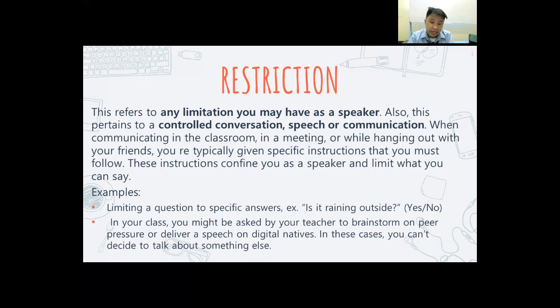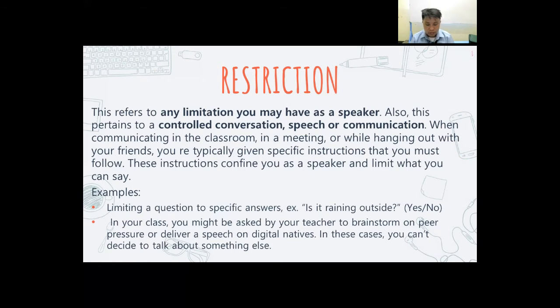Or for example, in your class, you might be asked by your teacher to brainstorm on peer pressure or deliver a speech on digital natives. So in these cases, you cannot decide to talk about anything else. So from the root word restrict, of the restriction itself, we are basically talking about restraints or limitations that are being imposed upon you as a speaker.